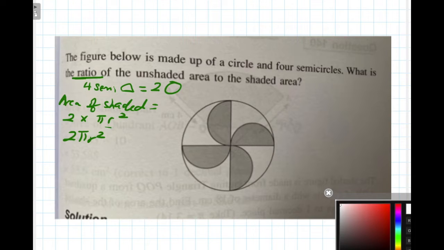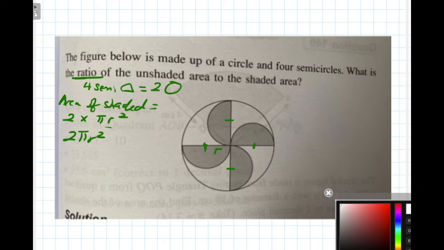What is the area of the unshaded? Okay, you have 2 choices. I will just leave it as r. So that means this here is r.